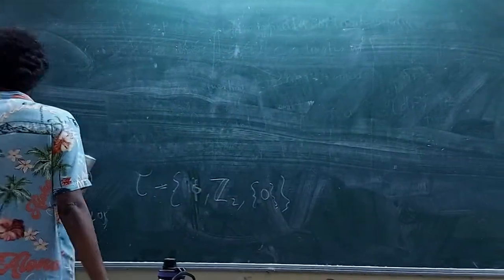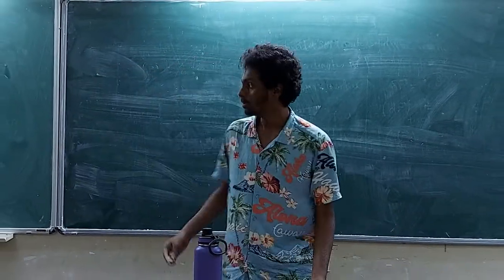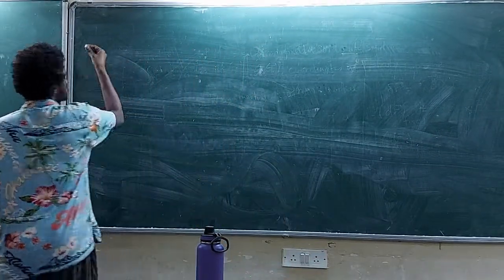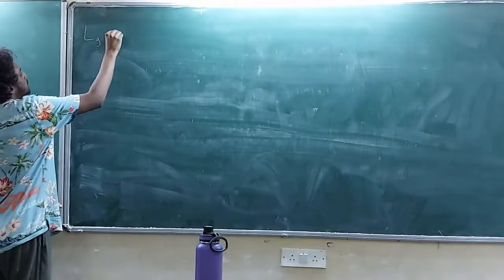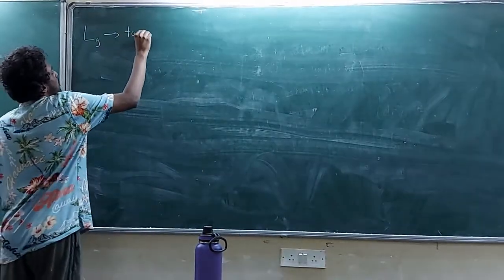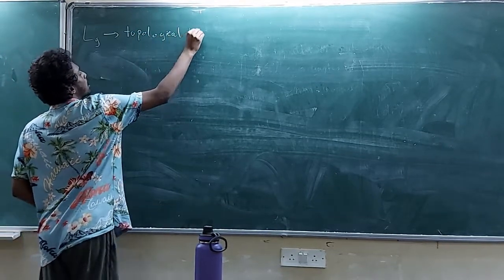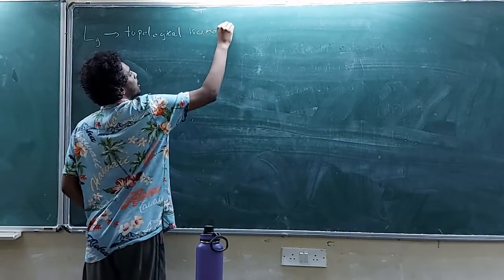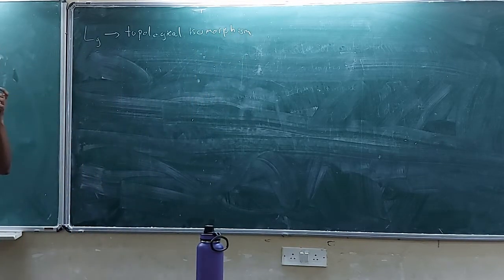I don't want to use the nomenclature yet, but we'll just get on with it. So maps like L_g, we call them topological isomorphisms. L_g is homomorphism and homeomorphism compatible, alright? So L_g is a topological isomorphism.